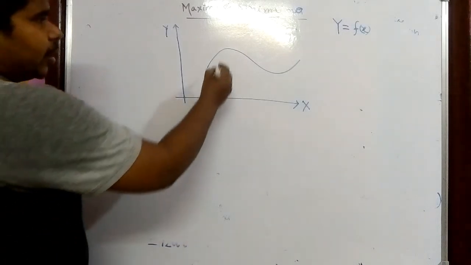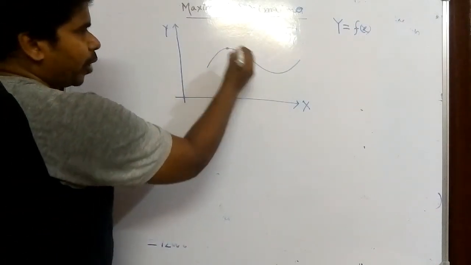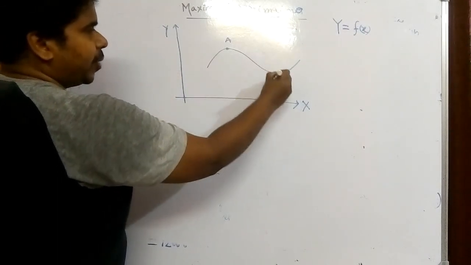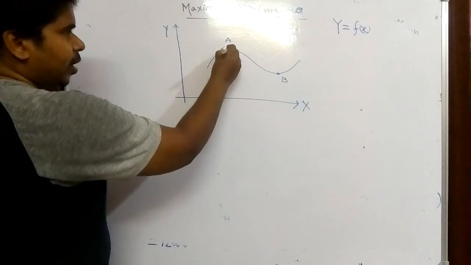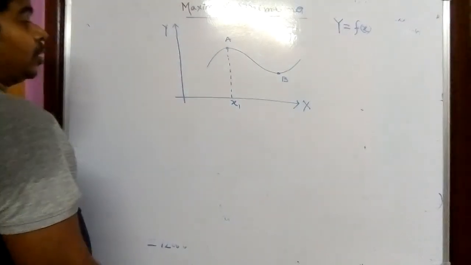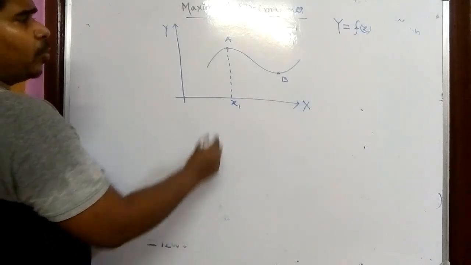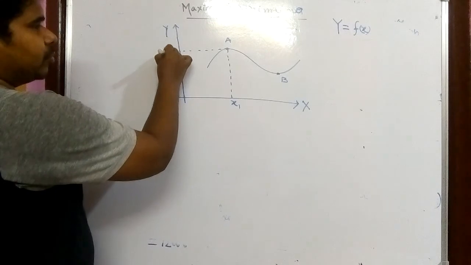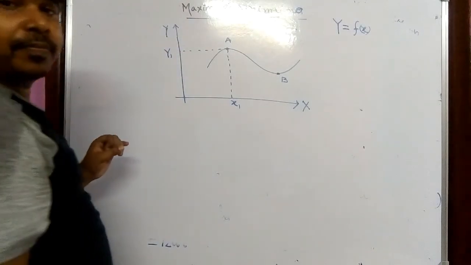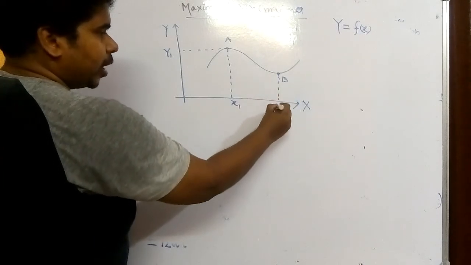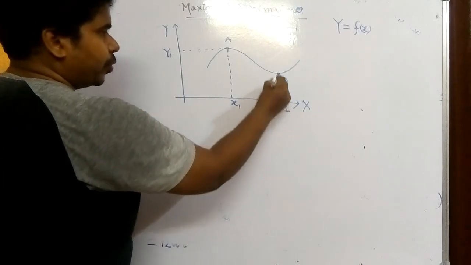See, one interesting thing: if I take a point here and here, assume this point is a and this is b. Here if I draw a perpendicular, assume this point is x1. So at x1 the value of y is maximum, we can call it y1. And at point b, if I draw a perpendicular along x, it should be x2.